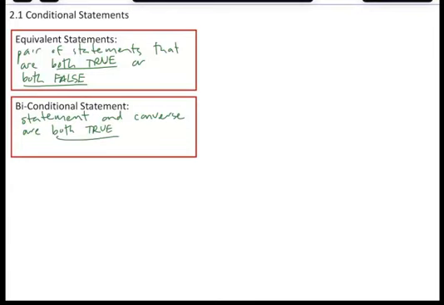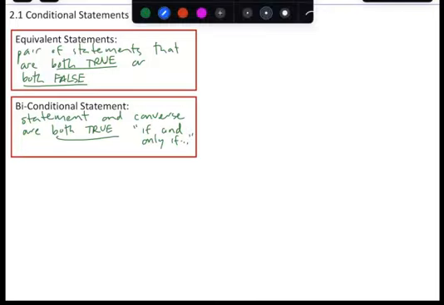So even more specific than being equivalent, they both have to be true. And the way that you are probably familiar with this is set up as an if and only if statement. And so this is what a biconditional statement looks like.